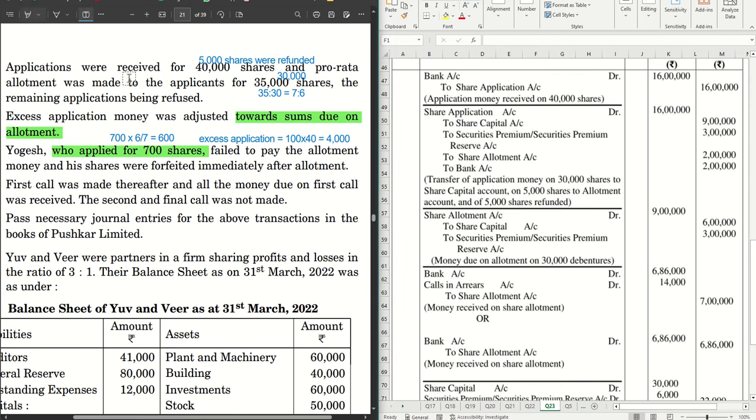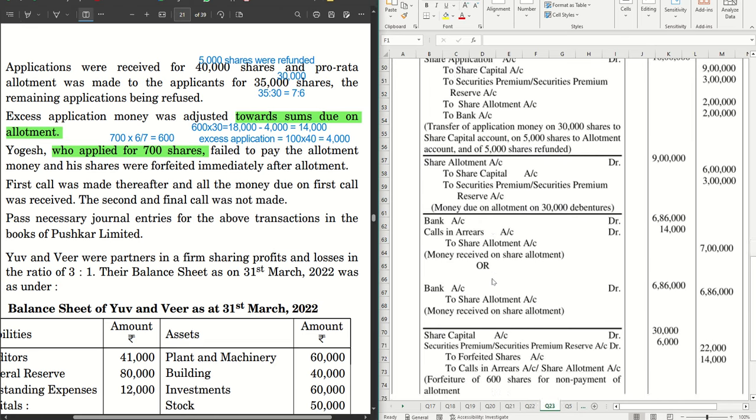And on his 600 shares, we were expecting to receive 600 into 30, which is 18,000 rupees. Out of 18,000, we have received 4,000. So 14,000 is due from him that goes as calls in arrear.